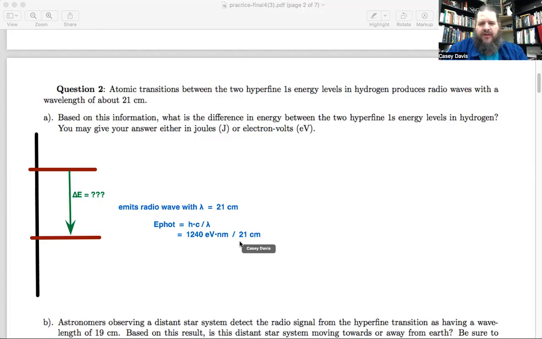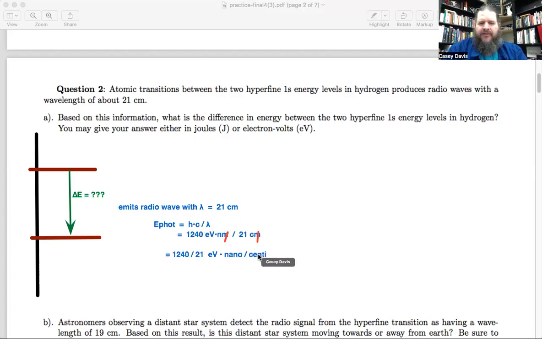Yes, although we could just think of it in terms of what centi means and what nano means, because meters and meters are going to cancel out anyway. So we end up with 1240 over 21 electron volts times nano divided by centi.